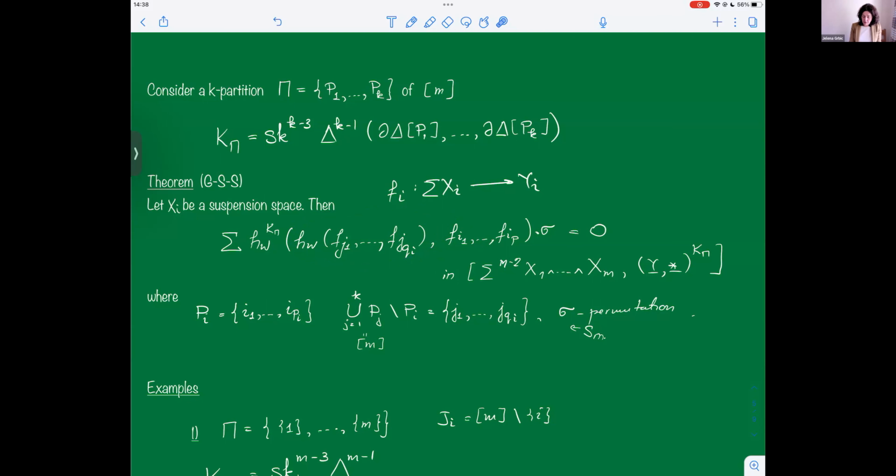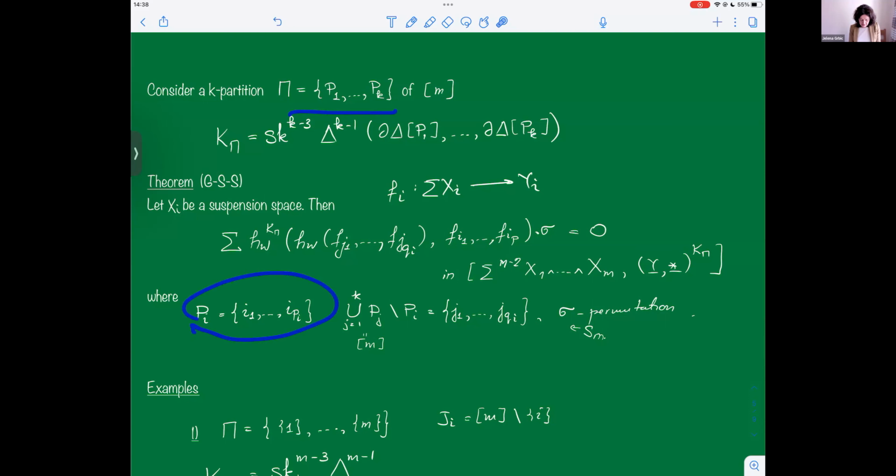Now we have a high Whitehead map, and in other coordinates we can have just arbitrary maps whatsoever, and then we take the high Whitehead product of that, and we obtain a new set of relations. The entries of these maps are completely determined by the partition pi.